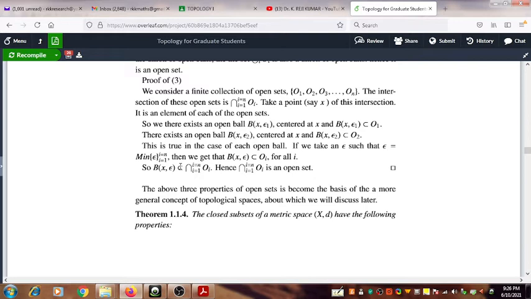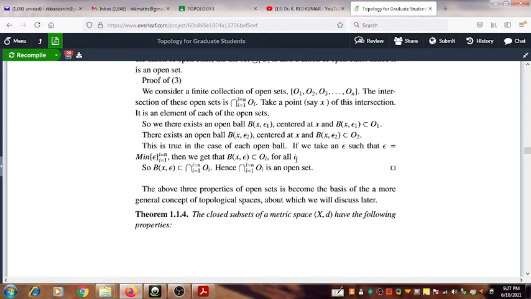and so on to epsilon n. Finally we take a single real number by taking the minimum of all the existing epsilon values. That is, we define a real number epsilon equal to the minimum of epsilon i, where i varies from 1 to n.